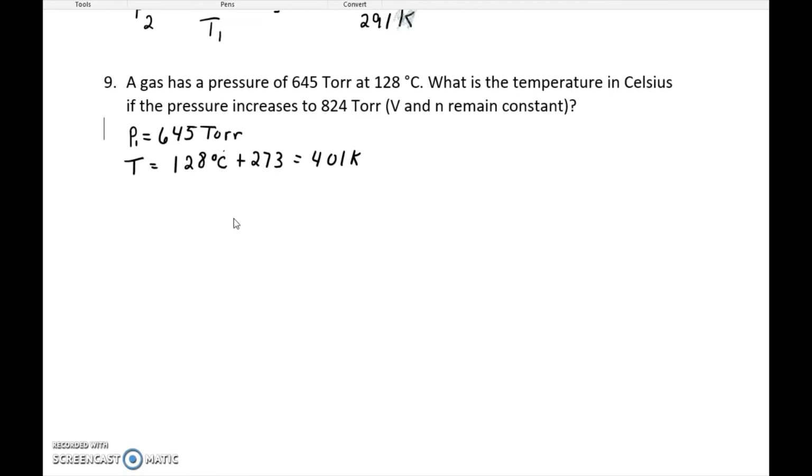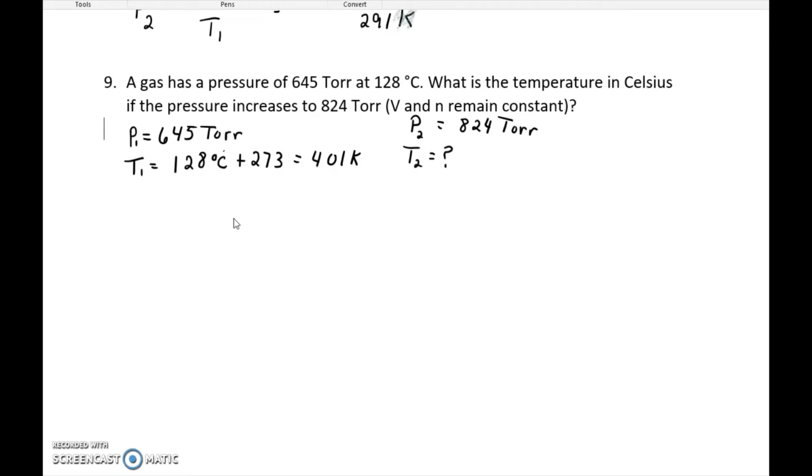So these are going to be our initial pressure and our initial temperature. What will the temperature be in Celsius? So our temperature 2 is what we're looking for if the pressure increases. And it's going to increase to 824 torr.